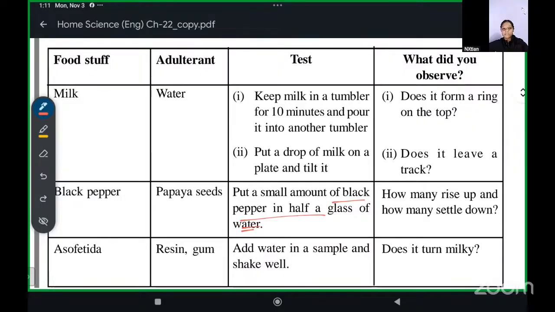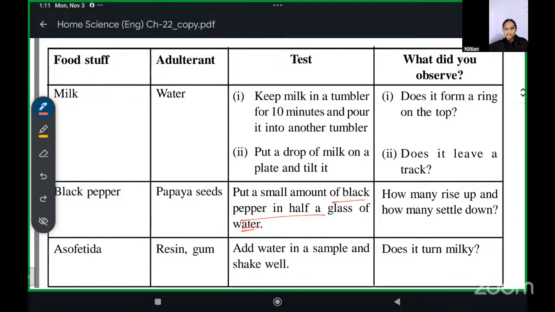Since this is my first time checking out the tests, one second.